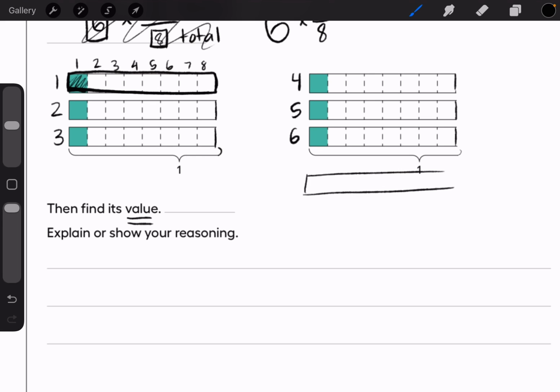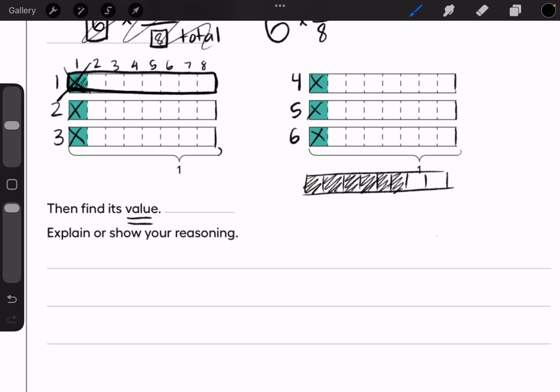So I'm going to go ahead and draw my own little set of 8 right here. And if I put them all, so let's see, I'll cross them off when I put them in. There's 1, 2, shading it in, 3, 4, 5, 6.